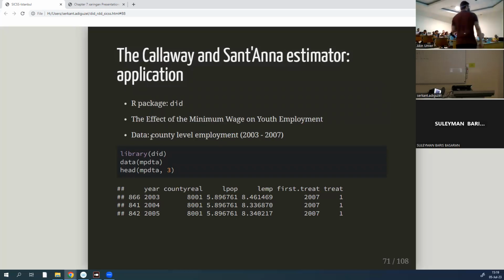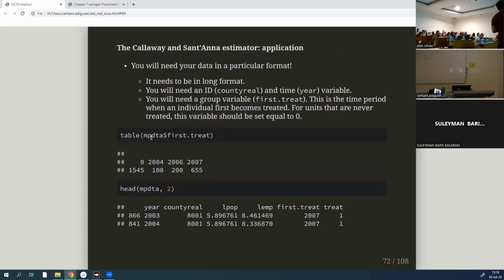Each row is a county, and depending on where these counties are, there is variation in treatment timing. One county is in New Jersey, which means in 1992 there's an increase, and one is in Pennsylvania, and so on and so forth. So there are differences in treatment timing.